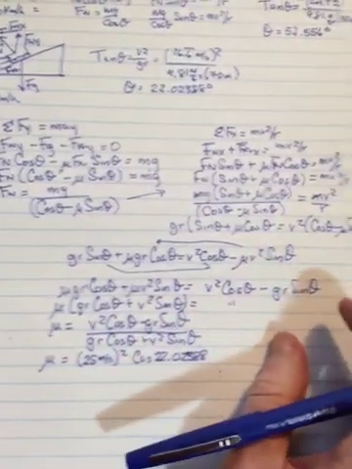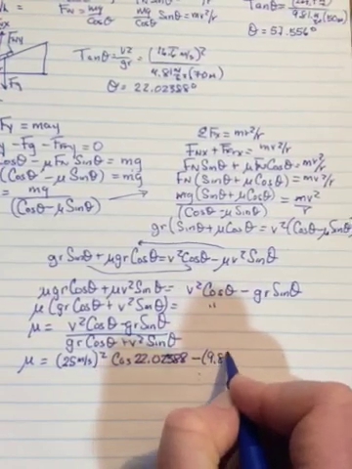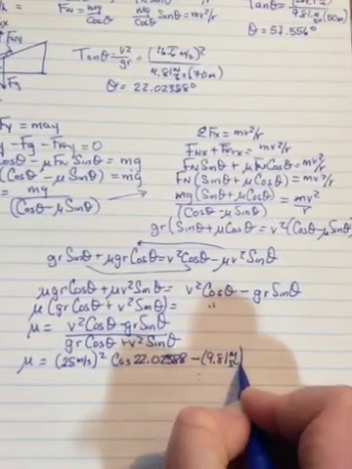Okay, so fill in the angle that you had, and then it's minus on the top 9.81 meters per second squared.